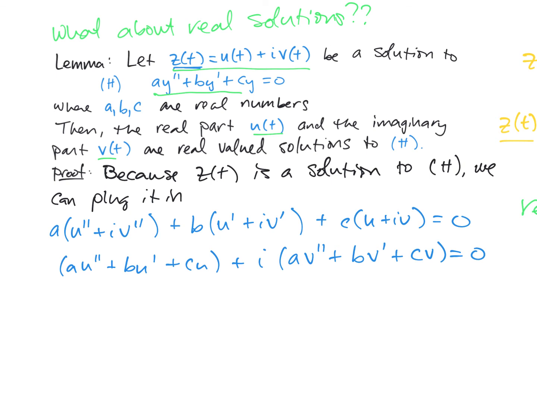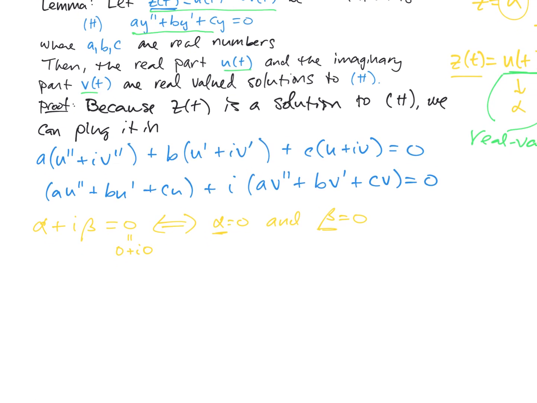And just like with complex numbers, if alpha plus i beta equals 0, that happens if and only if alpha equals 0 and beta equals 0. Because in the complex plane, 0 is equal to 0 plus i 0. That's the only way that you can express 0, by having both the real and the imaginary part be 0. It's the same thing with functions.